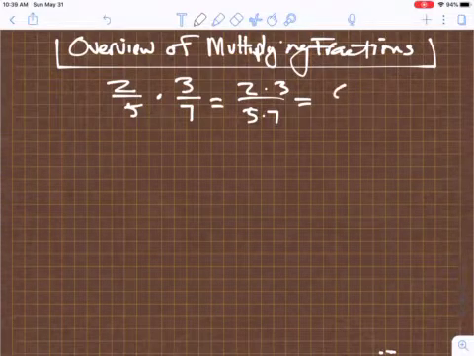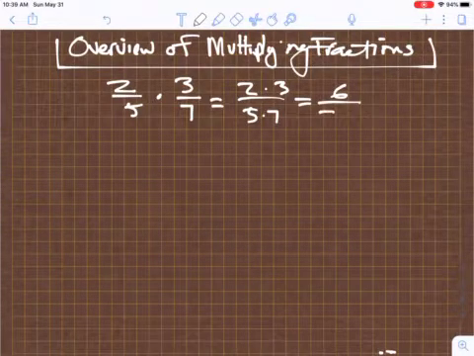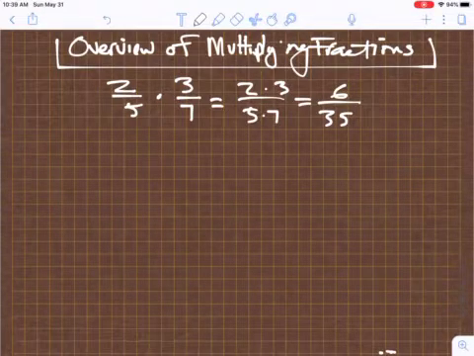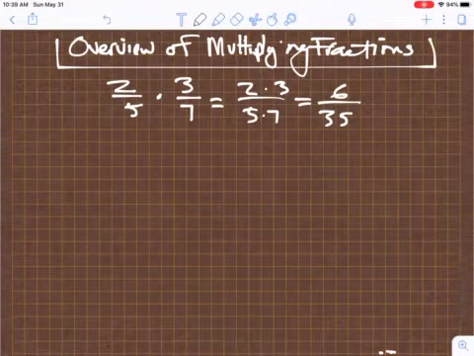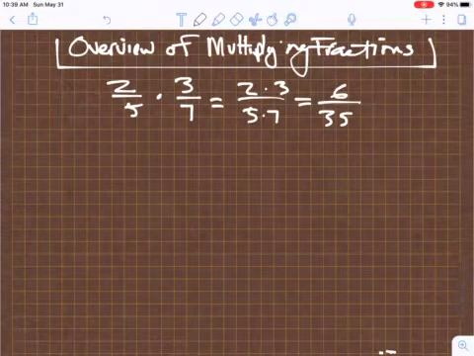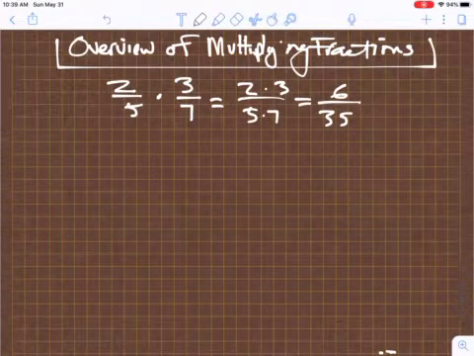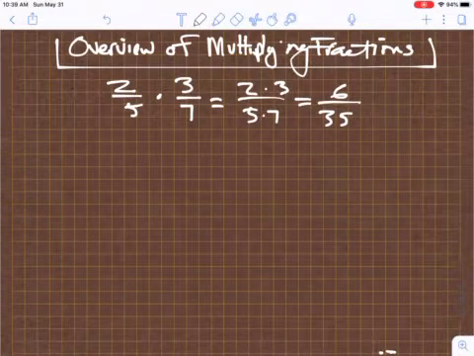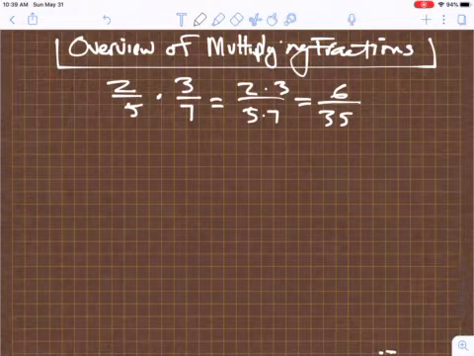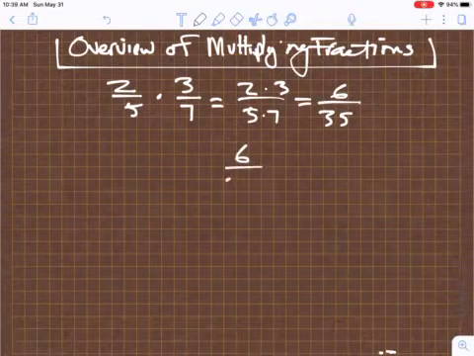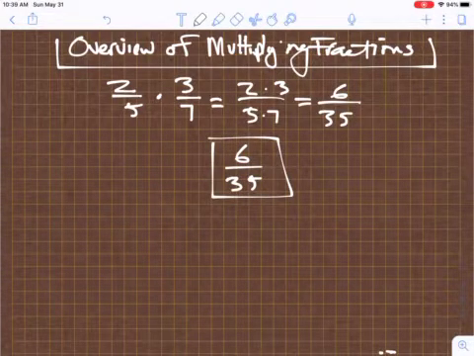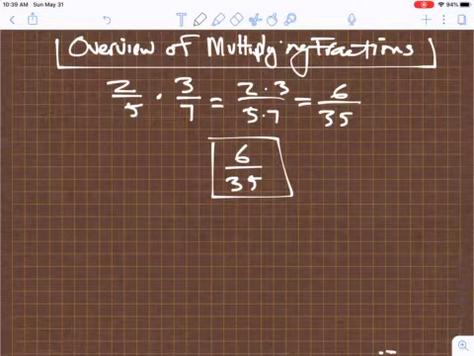So 2 times 3 is 6. 5 times 7 is 35, and they don't share any factors, right? 35's factors are 1, 5, 7, and 35, and 6's factors are 1, 2, 3, and 6. Other than 1, they don't share any factors, and 1 doesn't really help us. So the answer is 6/35. That is your simplest form, and it's positive because we had a positive times a positive.